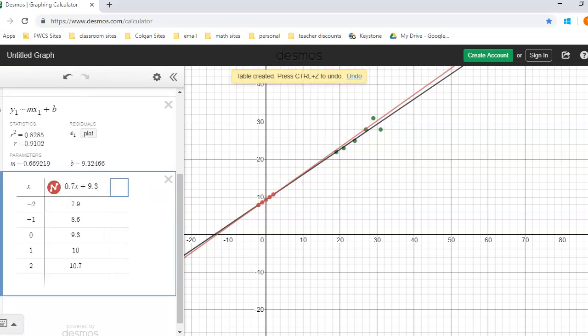Click that table, and at the bottom of your x's, type in the number 30, and that's going to give you the answer to the weight of the 30-month-old boy. 30.3. And you have to think about whether, realistically, weight can be decimals. Yes, so we can leave this as a decimal, 30.3.